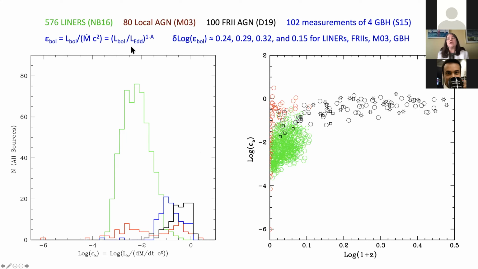So this is just one way to see the very strong cutoff of the bolometric luminosities determined here, where there are very, very few sources that would have a disk luminosity greater than the Eddington luminosity. You can also see the strong selection effects coming in here, for example, on the Nisbet and Best sample, where you're missing the bright sources at higher redshift.